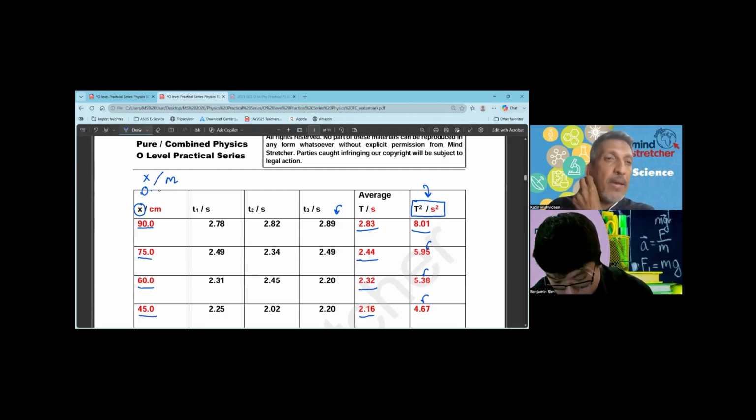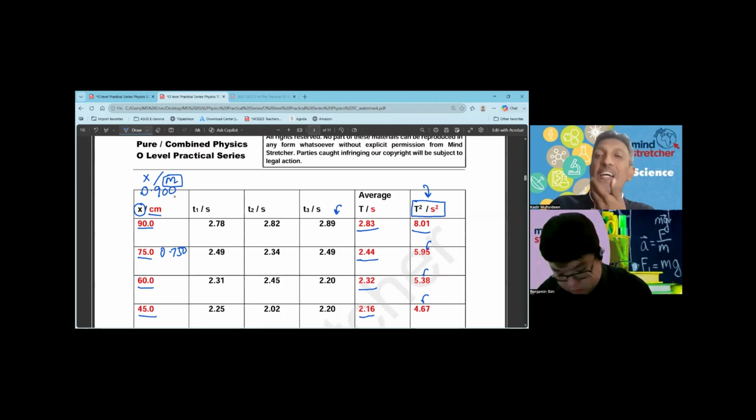If it's 10 cm, it will be 0.1000. If it's 90 cm, it will be 0.900. So somebody asks, if I record it in meters, what happens? It becomes 0.900, so the correct decimal place. Then this one will be 0.750. So if you're going to record it in meters, it becomes like that.